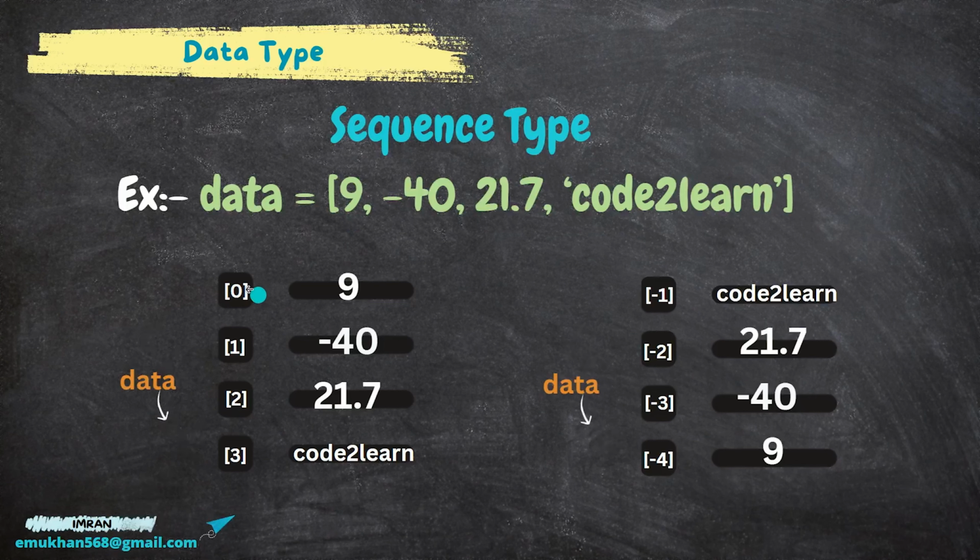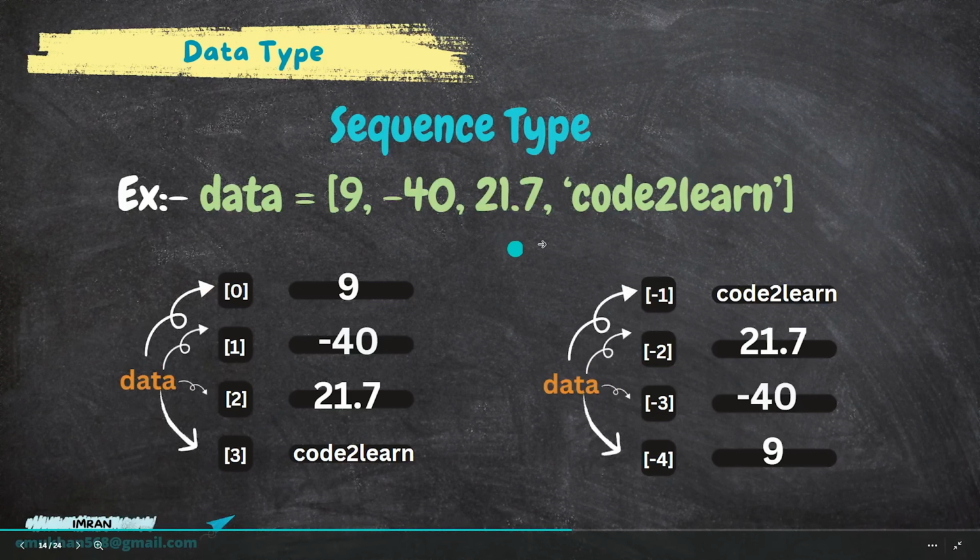So it will start from 0. The 0th position is 9, 1 position is minus 40, like this, and the position of 21.7 is 2, and the position of the other string is 3.